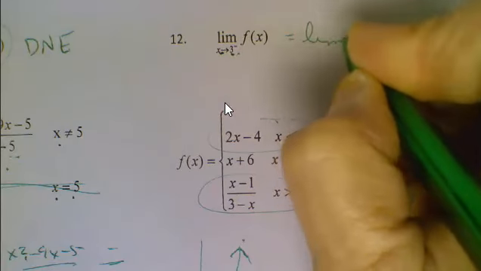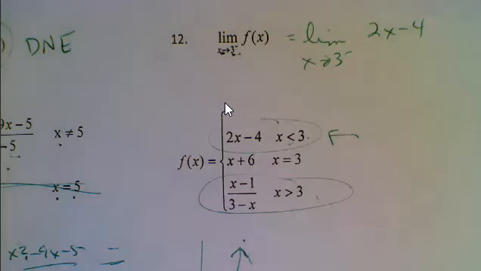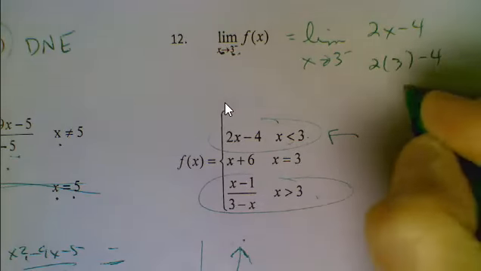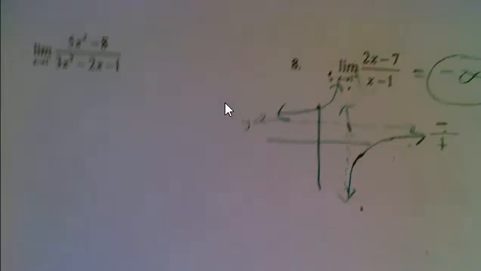It's going to be the limit as x approaches 3 of 2x minus 4. And I can use substitution to get that answer. And I would get 2. Okay, so that is kind of the limits piecewise. Limits if you're looking at a vertical asymptote, and then limits if you're dealing with radicals.